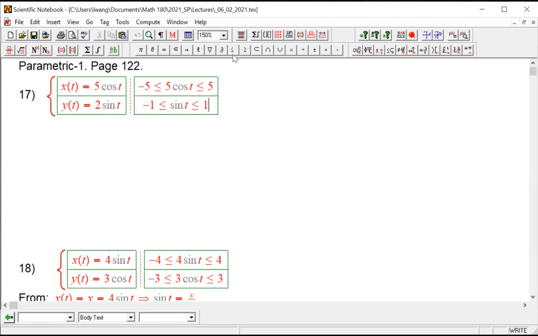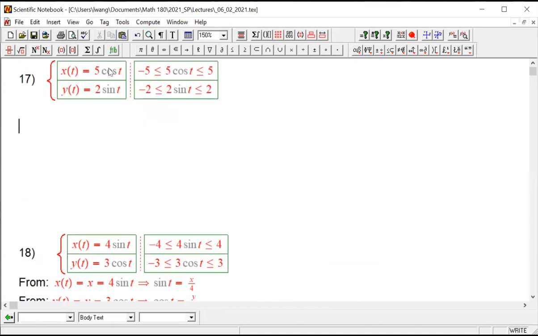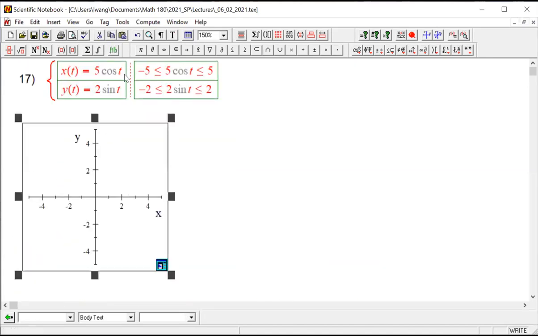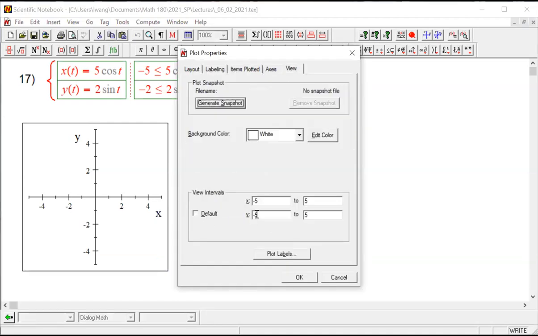So y is between -2 and +2. When you set up your rectangular system, x is not going to go beyond -5 to +5, and y is not going to go beyond -2 to +2.